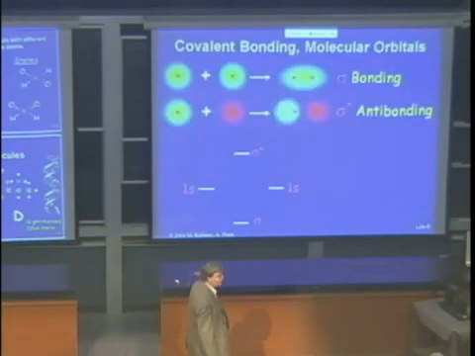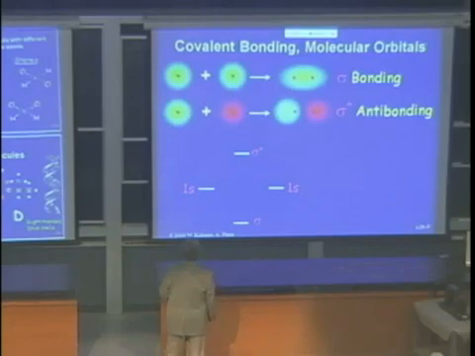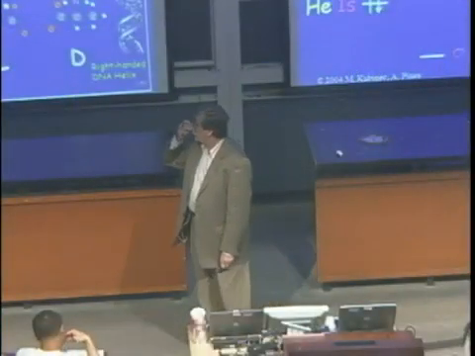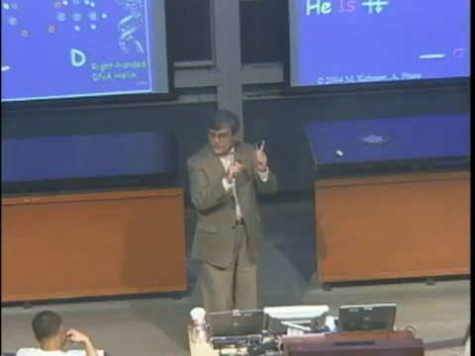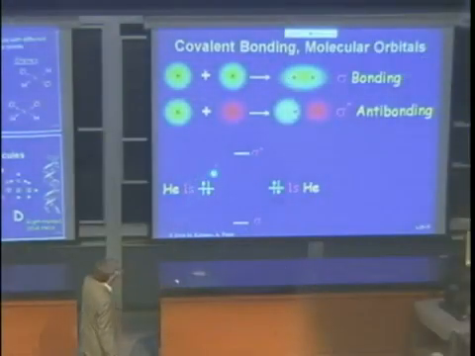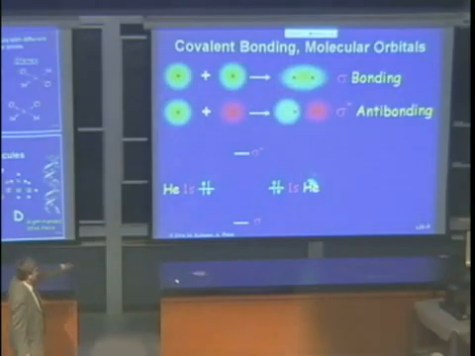So let's do this a little bit more with helium. Each helium atom has 2 electrons. In the atomic orbitals, there's upspin and downspin, upspin and downspin.